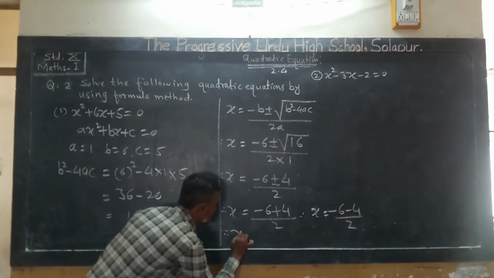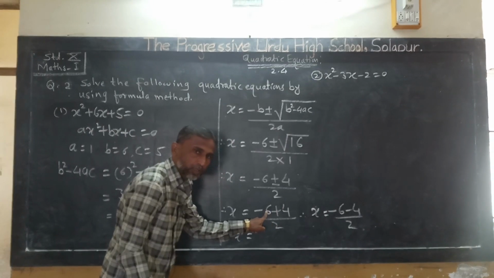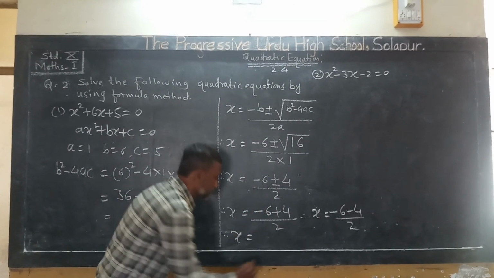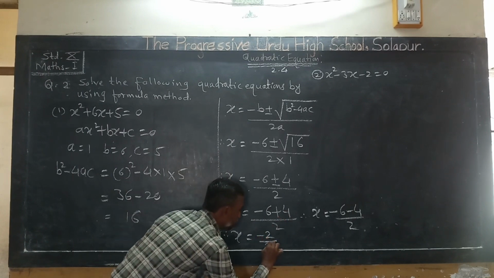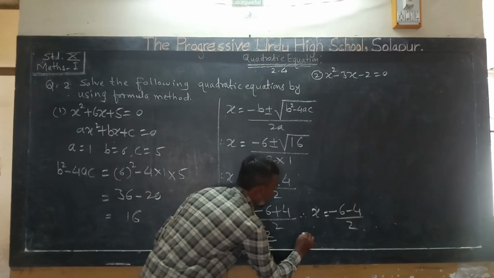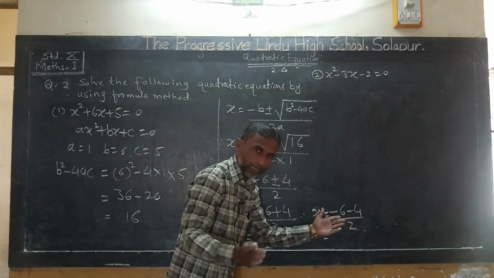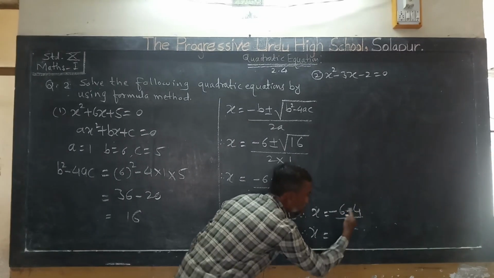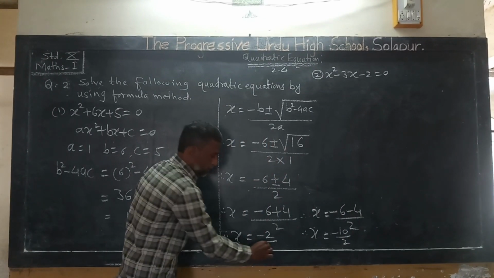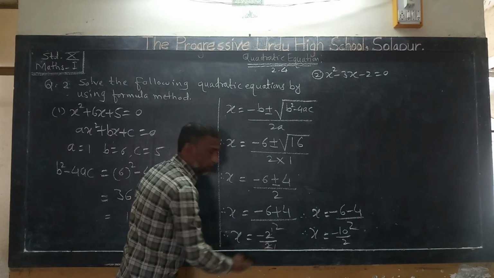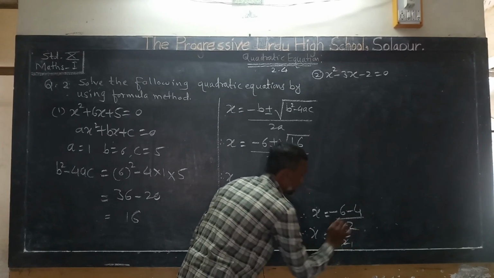Therefore, x is equal to, as the signs are different, do the subtraction, give the sign of the greater number, which is minus. Minus 6 plus 4 is minus 2 upon 2. Therefore, x is equal to minus 6 minus 4. Signs are same, do the addition, give the same sign. Minus 6 minus 4 is minus 10 upon 2. Now, divide. 2 ones are 2, 2 5s are 10.